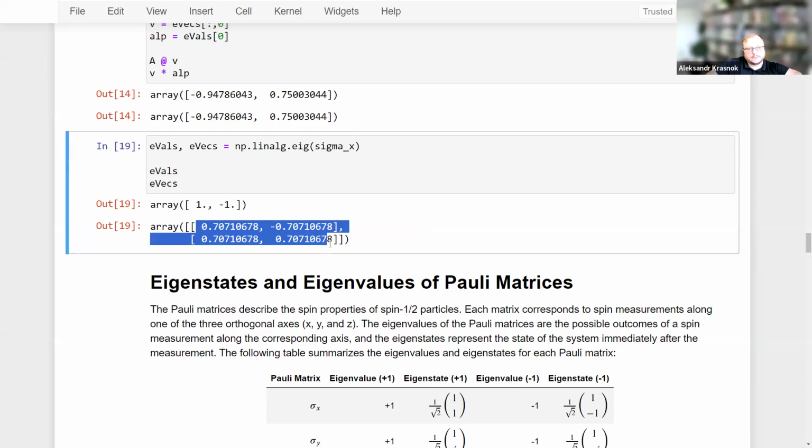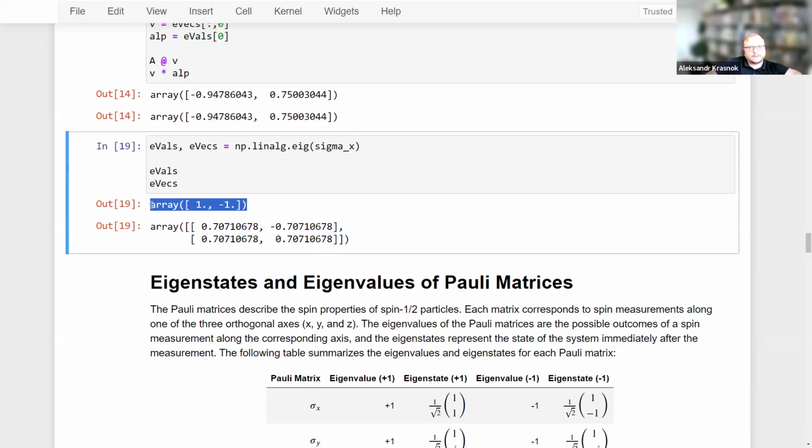But the eigenvectors are different. These eigenvalues are nothing but the two orientations of spin. For example, sigma Z eigenvalues give you one for upward direction, minus one for downward direction.